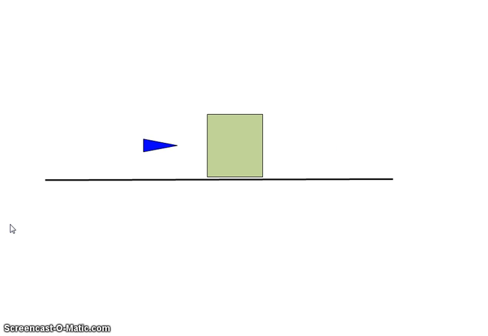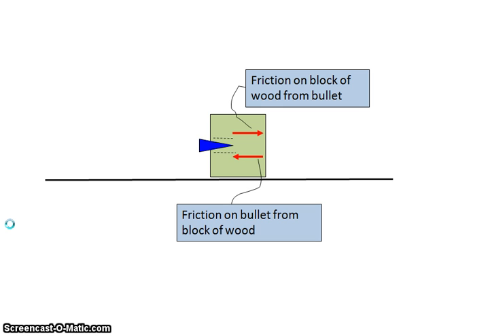However, for every action, there's an equal and opposite reaction. So not only is there friction on the bullet from the block of wood, but there's friction on the block of wood from the bullet, and it has to point in the other direction. Friction will slow the bullet down. That very friction is responsible for moving the block of wood.